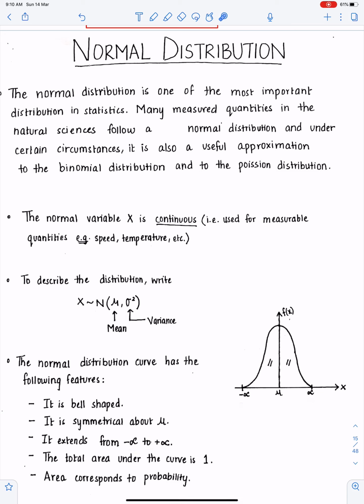The total area under the curve is 1, which means 0.5 is here and 0.5 is here. Area corresponds to probability, and you all know total probability is always 1. So this total area will always be 1.